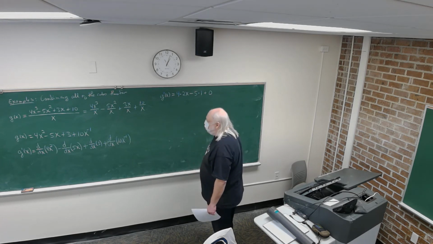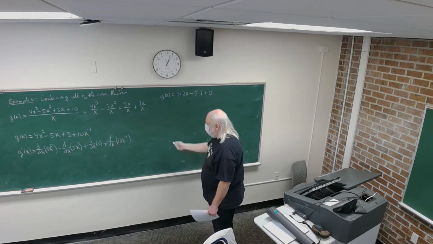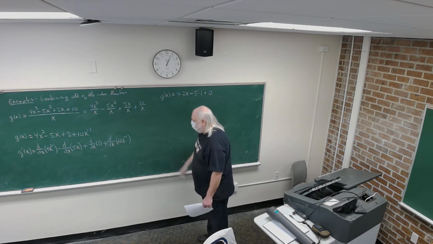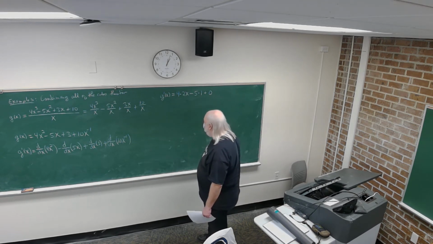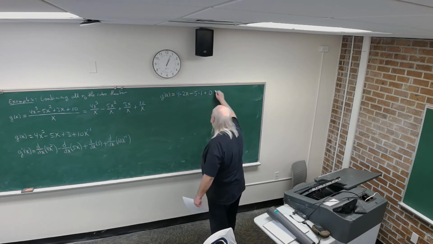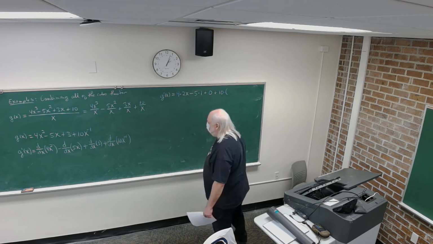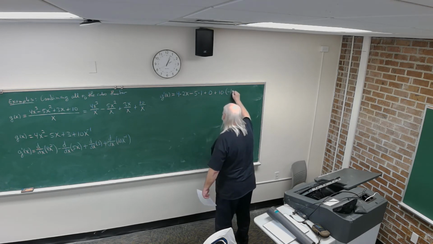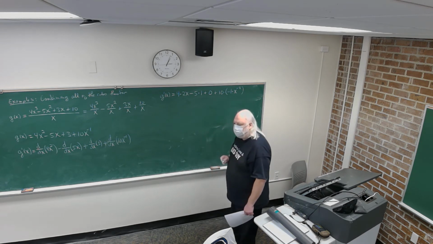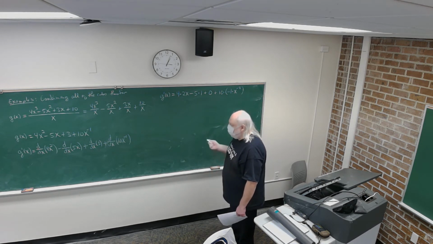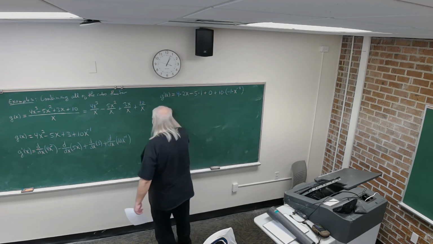And the derivative of 10 times x to the minus 1. Again, we just carry the 10 along. And the derivative of x to the minus 1 is minus 1 times x to the minus 2, right? By the power rule. And now let's clean it up a little bit.